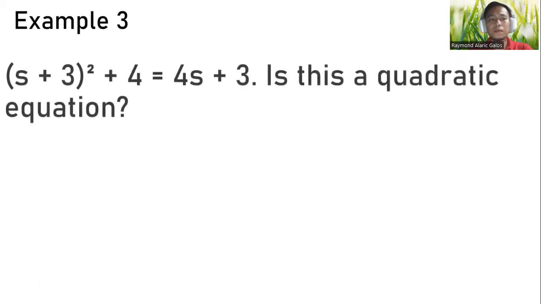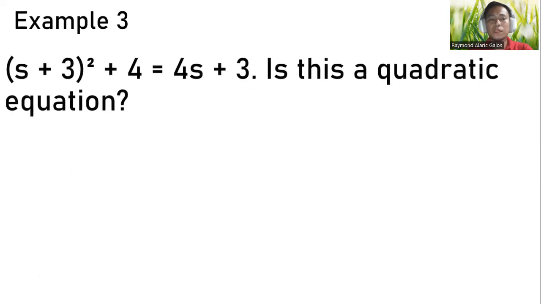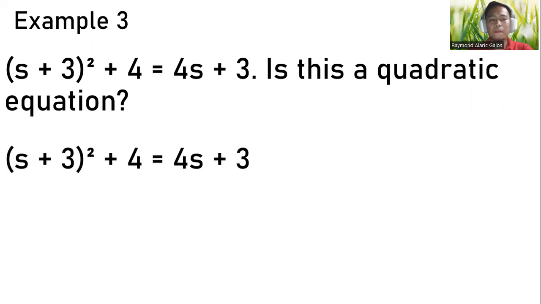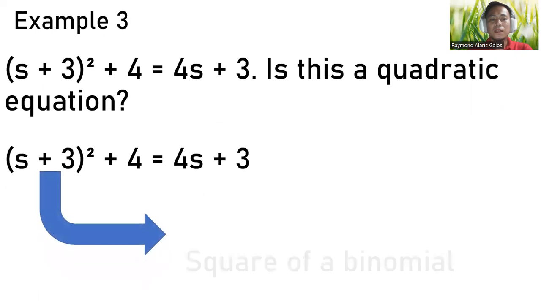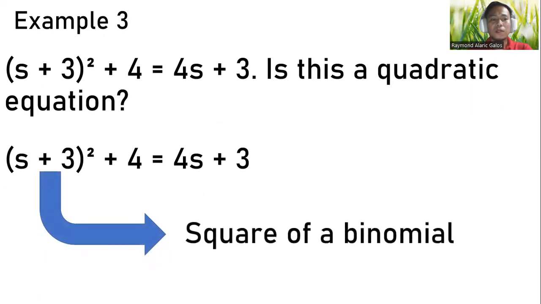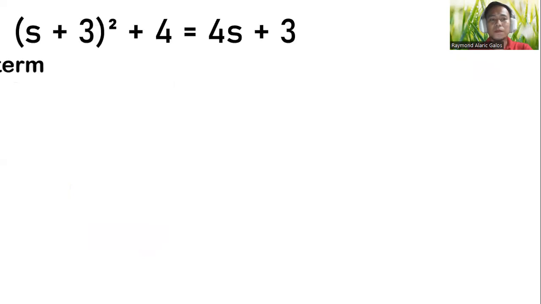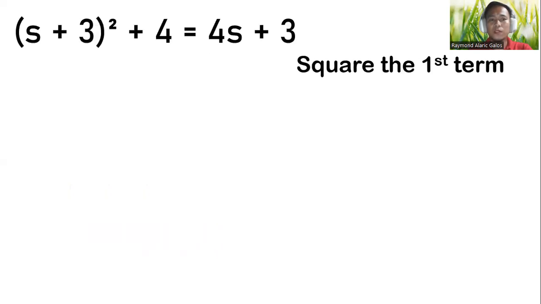Example 3. Quantity s plus 3 squared plus 4 is equal to 4s plus 3. Is this a quadratic equation? Let's find out. First, let us try to get the value of a square of a binomial. So we have to square the first term.